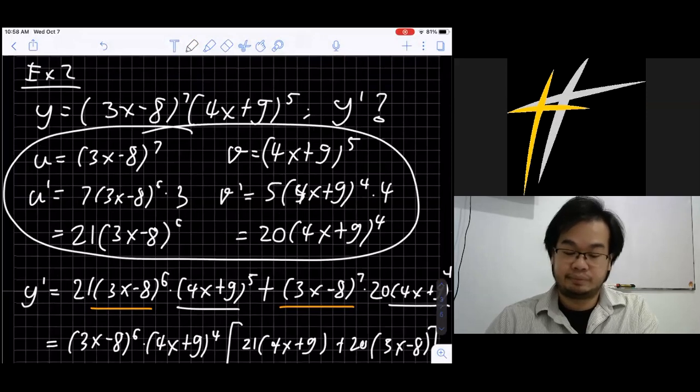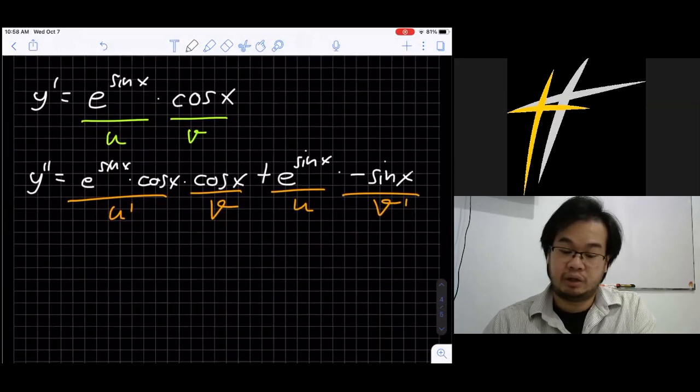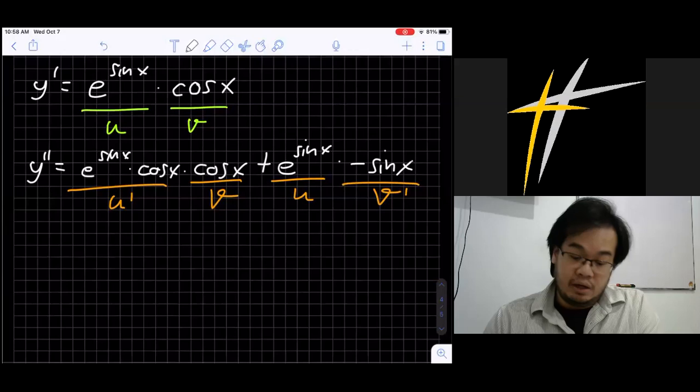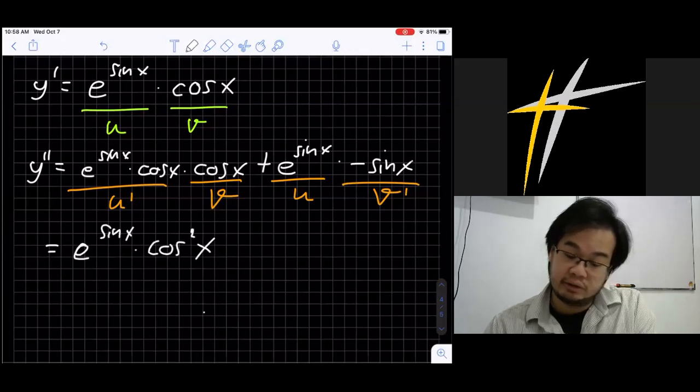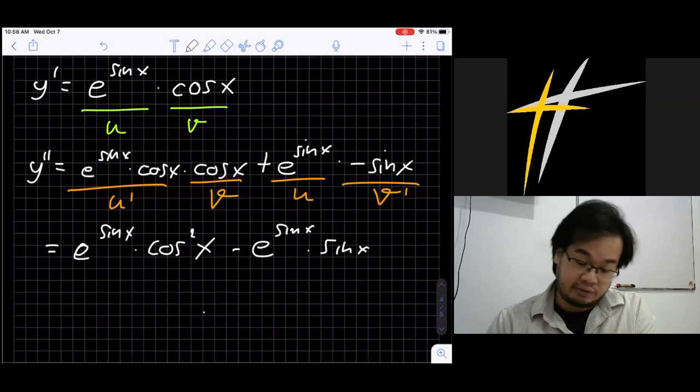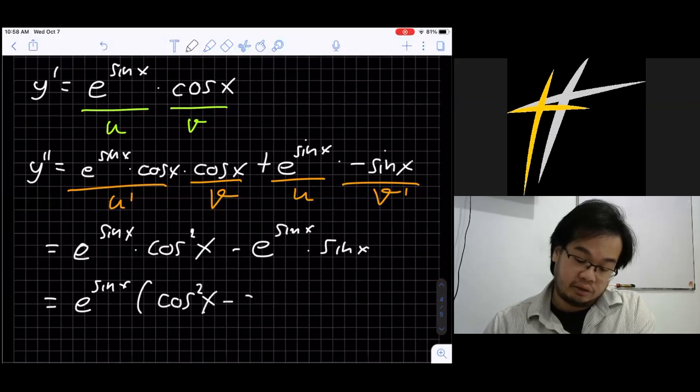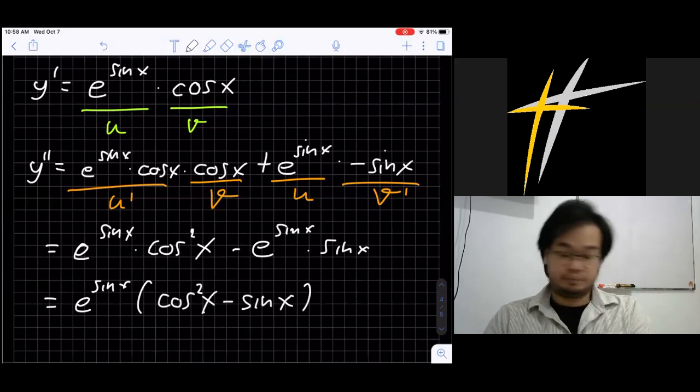But you need to be careful, make sure that you are not careless. So if I simplify, then it's equal to e power of sine x times cosine squared x minus e power of sine x times sine x. And then if I factor out e power of sine x, it's equal to e power of sine x times (cos squared x minus sine x).